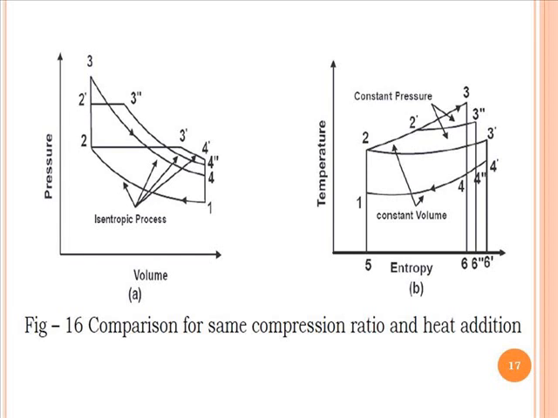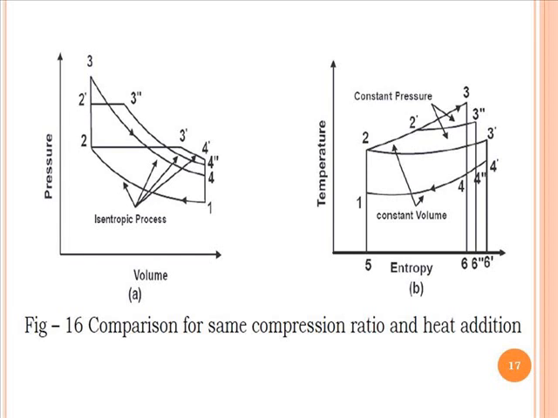Now you can see in the TS diagram that the area under the curve 5, 2, 3, 6 equals the area 5, 2, 3 dash, 6 dash, which equals the area 5, 2, 2 double dash, 3 double dash, 6 double dash, as this area represents the heat input, and the heat input for all the cycles remains the same.